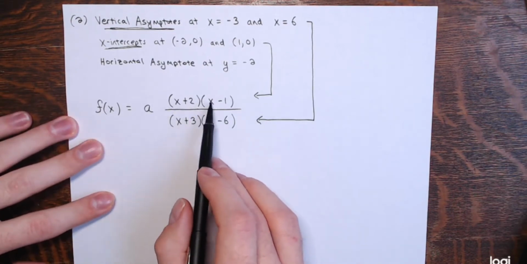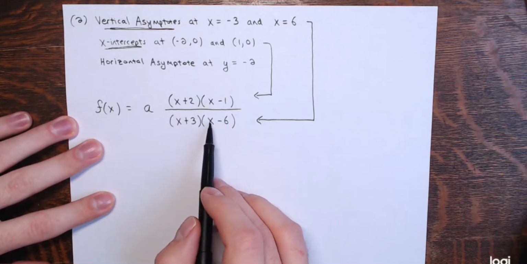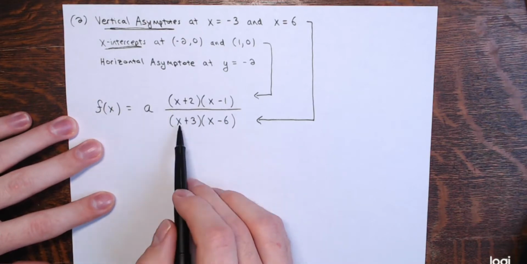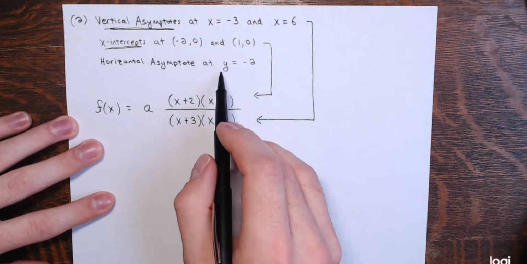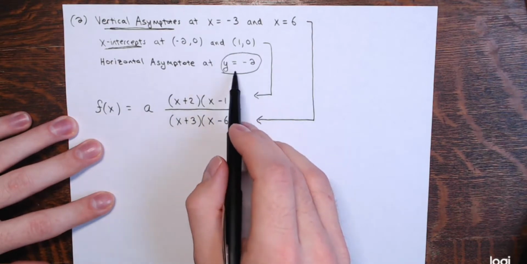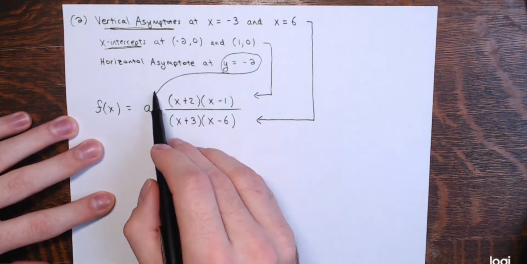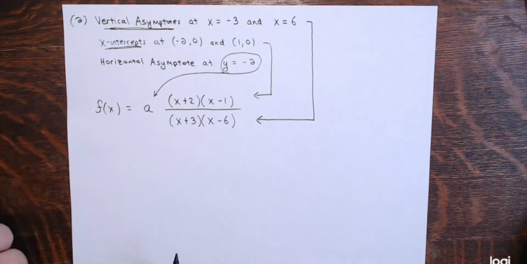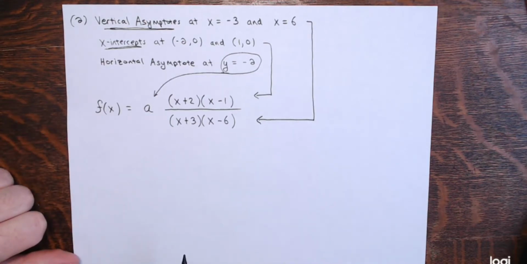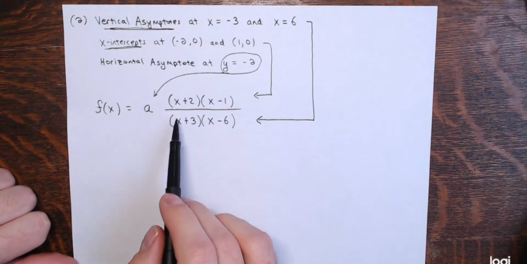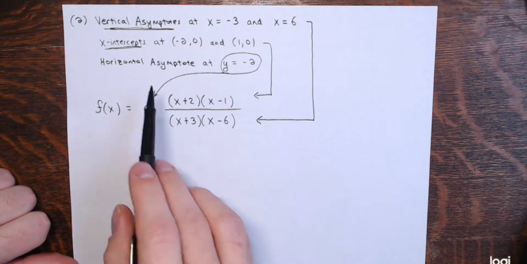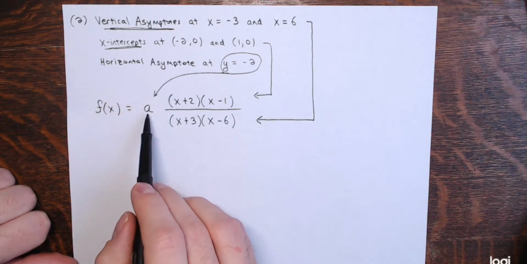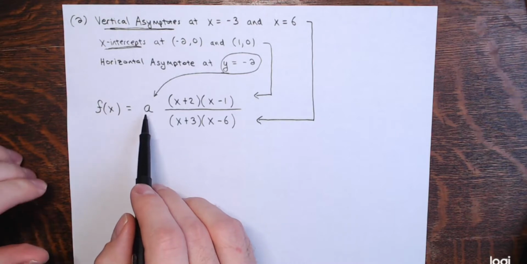If you were multiplying this out, this would be degree 2 over degree 2, x squared over x squared. But they told us the horizontal asymptote is y equals -2, and that's just going to give us the lead coefficient, -2. Because remember, when the degrees are the same, the horizontal asymptote is just the ratio of the lead coefficients, which is what this a is here.